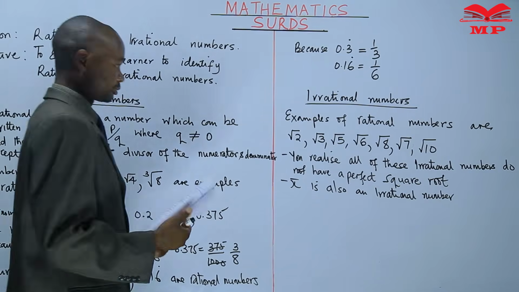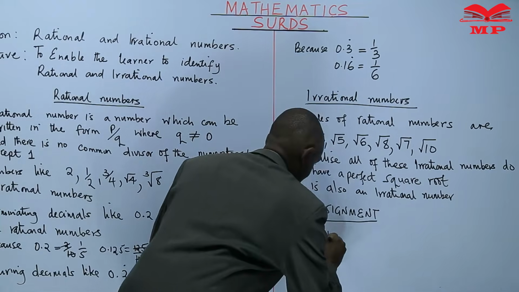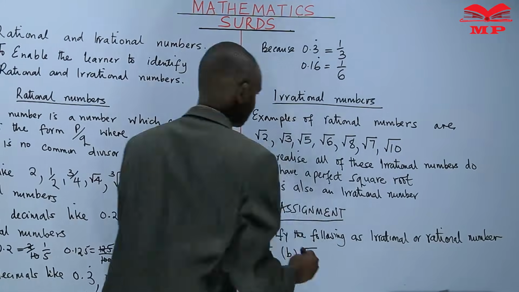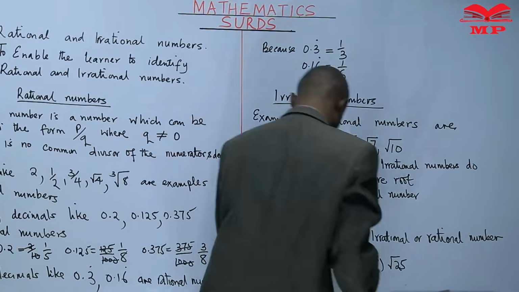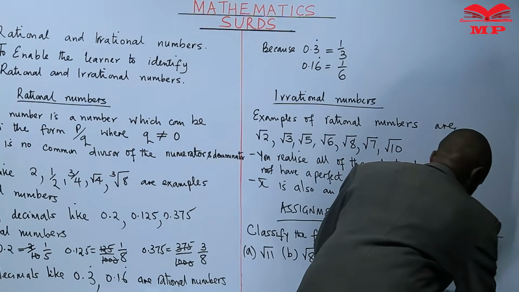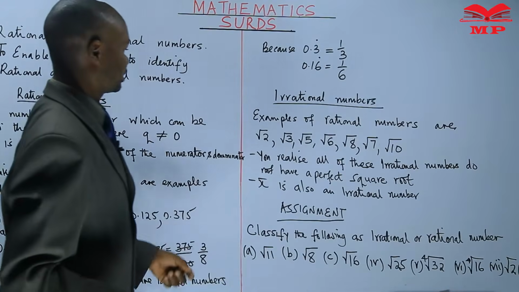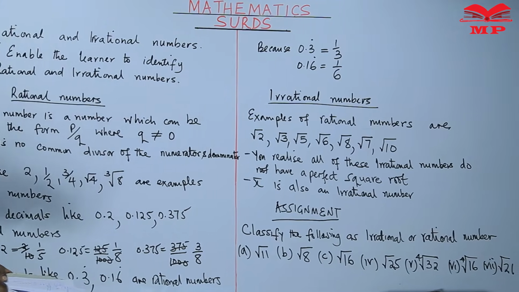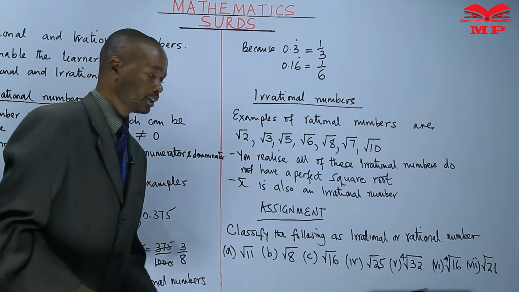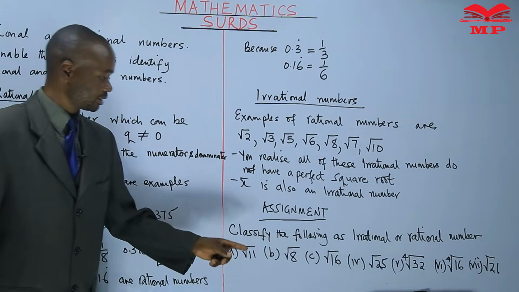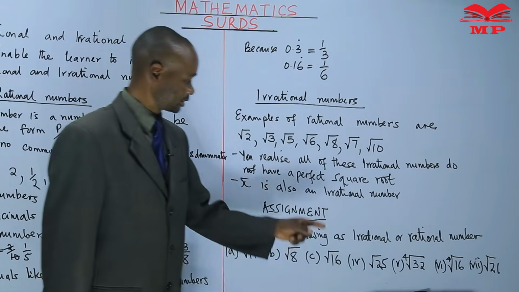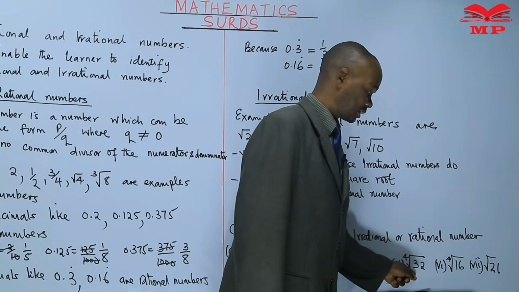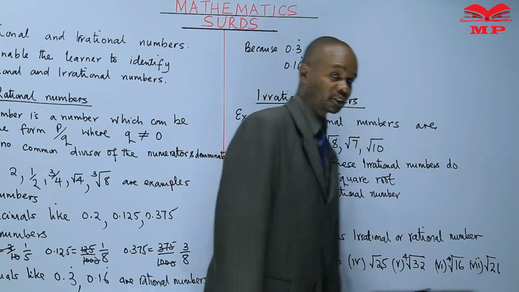In the assignment, learner, you will classify the following as irrational or rational numbers: square root of 11, square root of 8, square root of 16, square root of 25, fourth root of 32, fourth root of 16, and square root of 21.